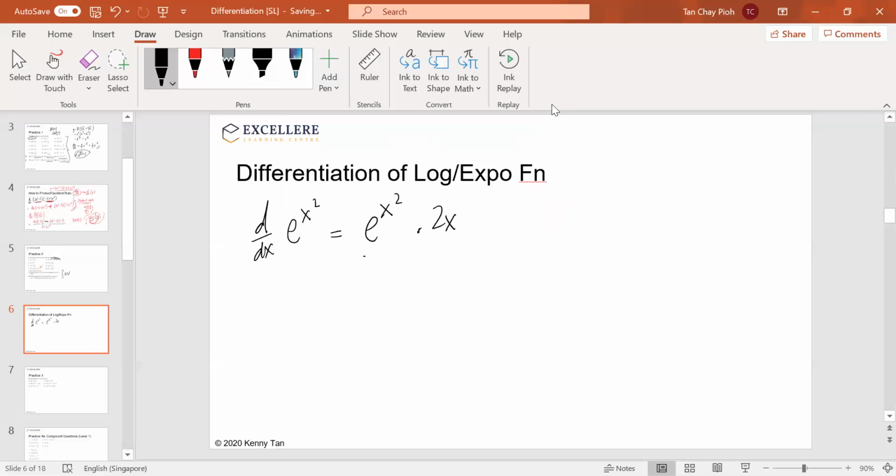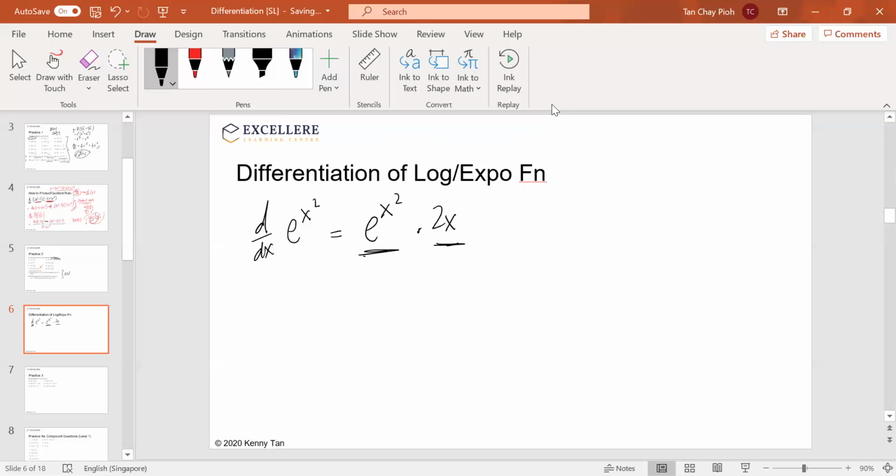Wait, what? No. So you get e, you will get back the same thing, right? Then you have to multiply by the differential. But you only differentiated the top part, the power. Yeah, correct.